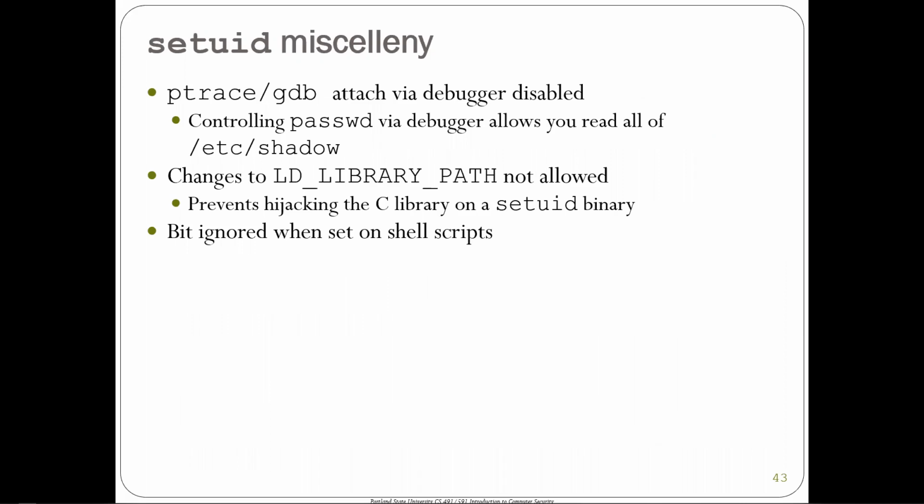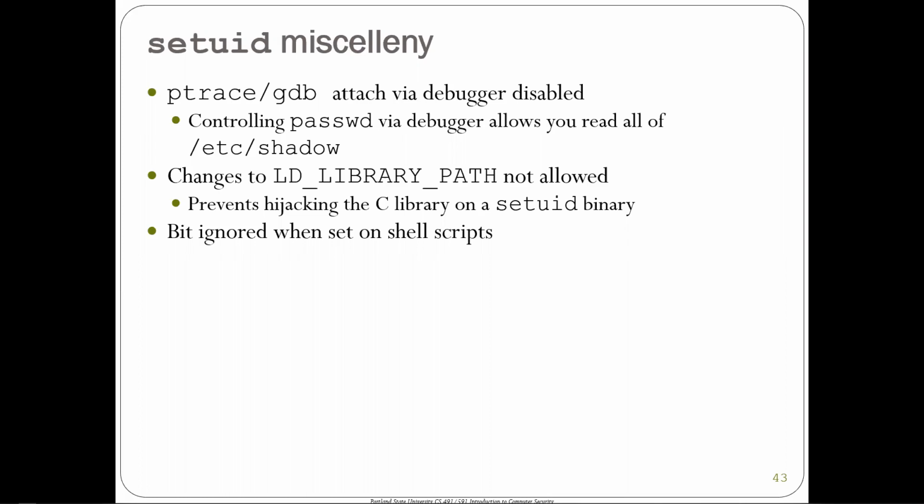If passwd has memory mapped /etc/shadow into its process space, and somebody attaches a debugger to it, then you read all those entries anyway. So ptrace, another facility for attaching as a debugger and controlling that process, and GDB are disabled on set UID binaries.